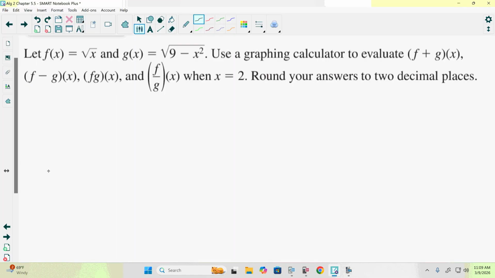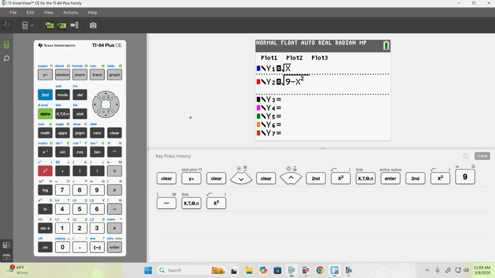Now, the problem asked us to evaluate f plus g of x when x is 2. So what we're wanting to do is find f of 2 plus g of 2. Now there's two different ways we can do this in the calculator.